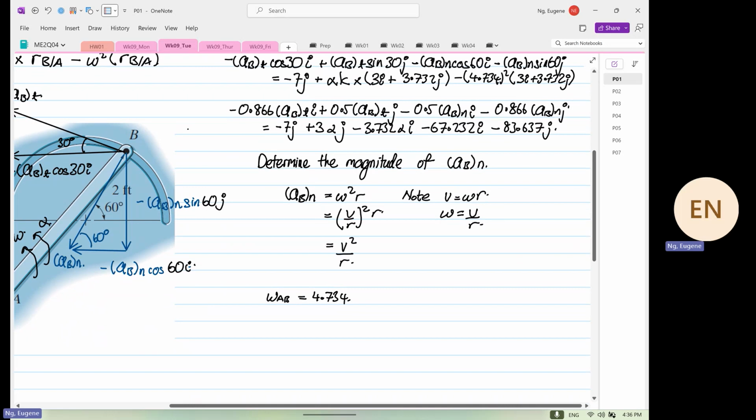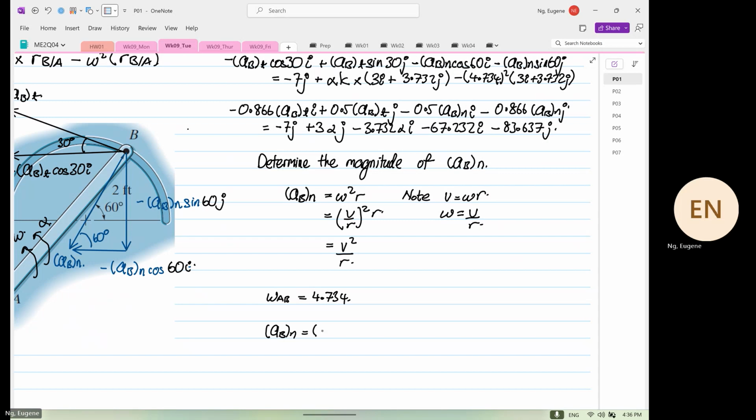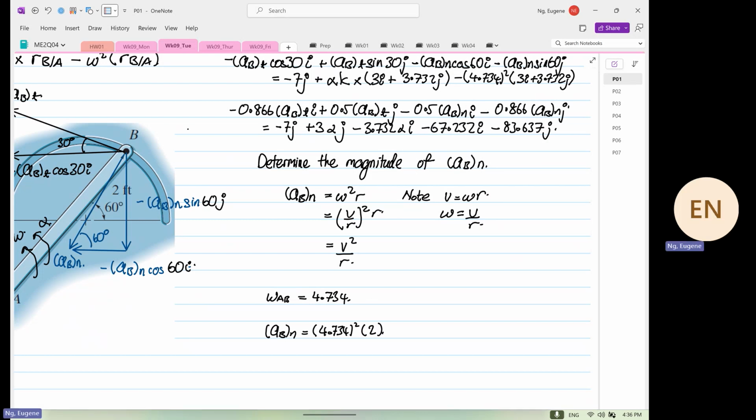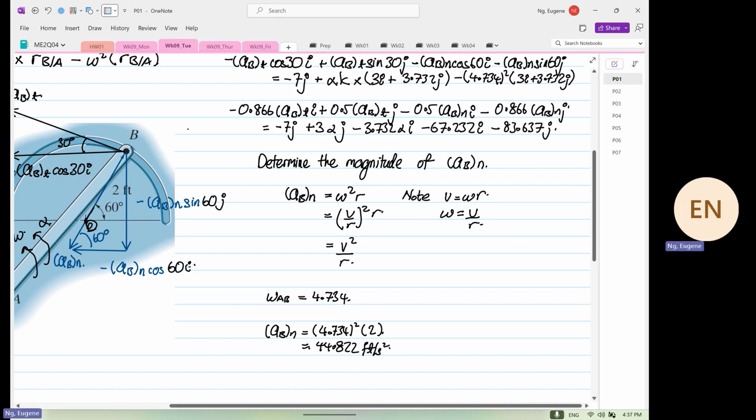Now, if we use this expression, 4.734 squared multiplied by the radius of 2, why 2? Because it's from the center, from point O down here. If we calculate 4.734 squared times 2, you get 44.822 feet per second squared.